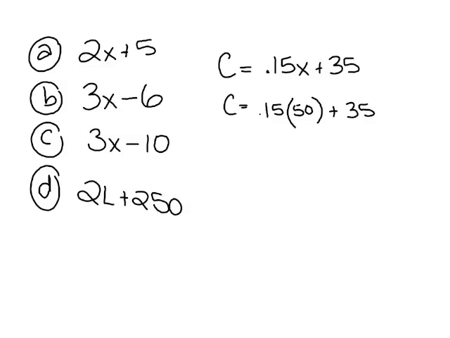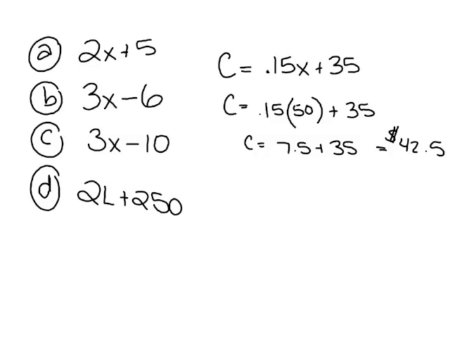So calculator, what's 0.15 times 50? 7.5. So cost is 7.5 plus 35, which equals 42.5. Translate that into dollars. $42.50 to rent my car and go 50 miles.